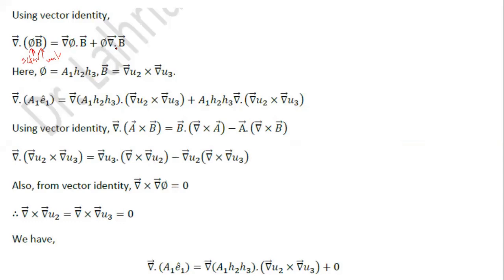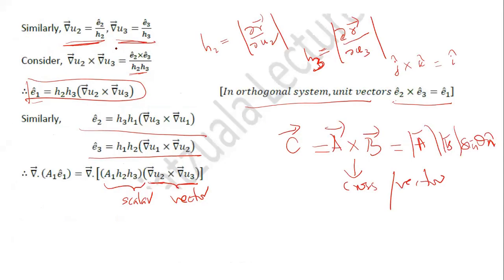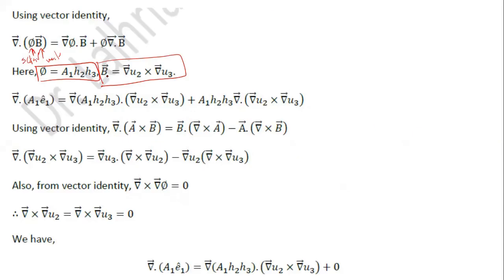So in our particular problem, a1 h2 h3 is the scalar. That means phi in this case is equal to a1 h2 h3, and your B vector is equal to gradient of u2 cross product with gradient of u3. As I said, this cross product between the two vectors is also another vector. So let us consider this as a vector B.